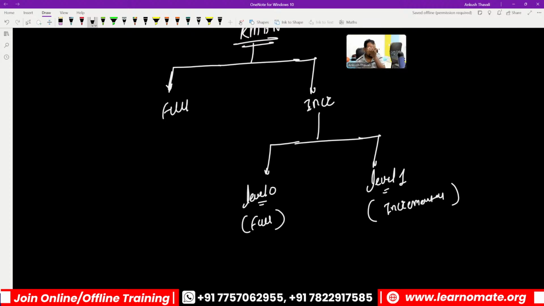Now, what is meant by incremental level 0 backup? When I say I'm going to take the backup using the RMAN utility, one more thing I want to tell you. Normally, if I want to know whether my database is running or not, we check the status in V$DATABASE, correct?